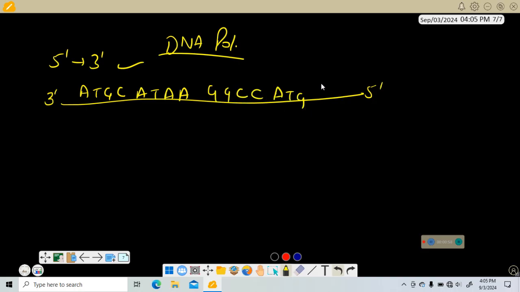Now drawing its complementary strand, 5' to 3'. Now at the 3' position we have OH.